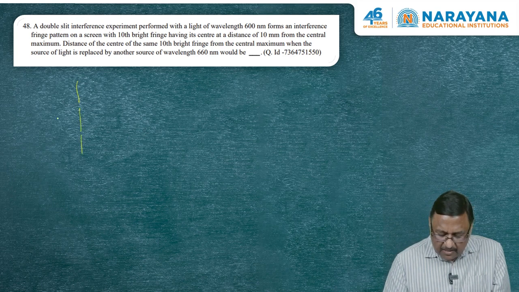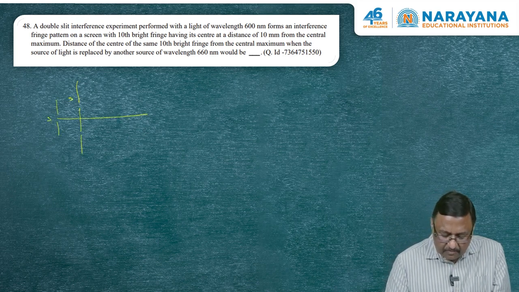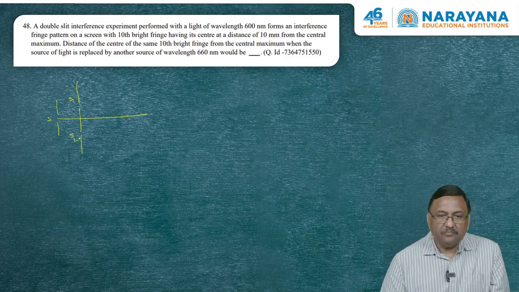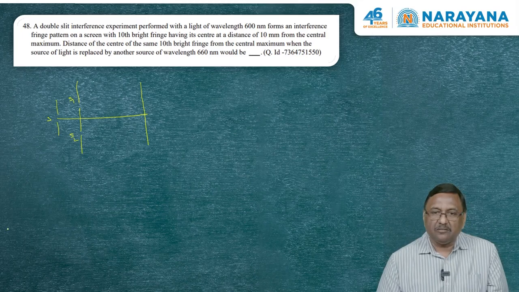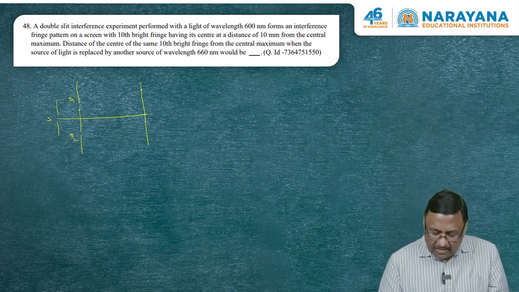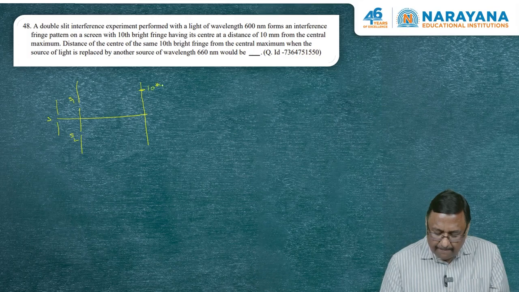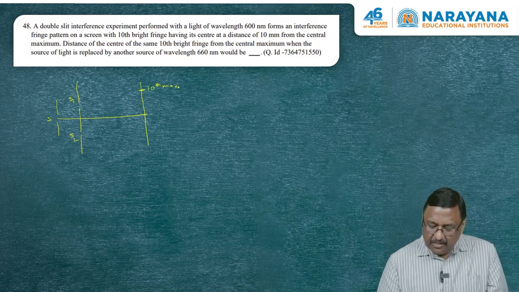If I consider this as my Young's double slit experiment, this is my single slit, this is my S1, this is my S2, and this is my screen. Let us consider some large distance. Now we are saying here is the 10th bright fringe.